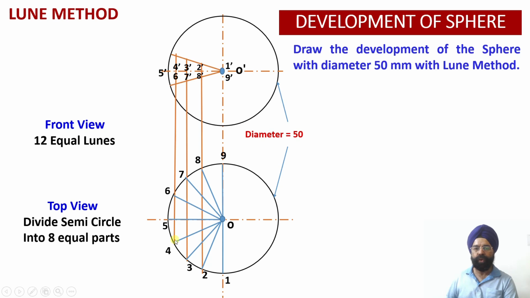Then corresponding to the points 4 and 6, what would be the thickness of the lune? You see, I am bringing the projector up. So this is going to be the thickness of the lune corresponding to the points 4 and 6 as I am trying to develop this particular lune.